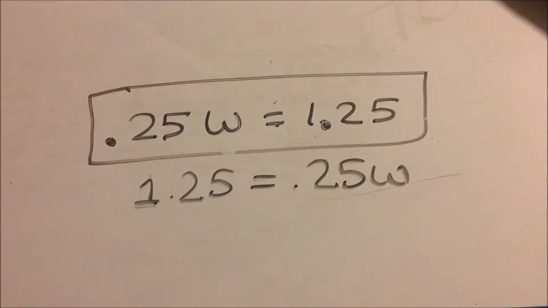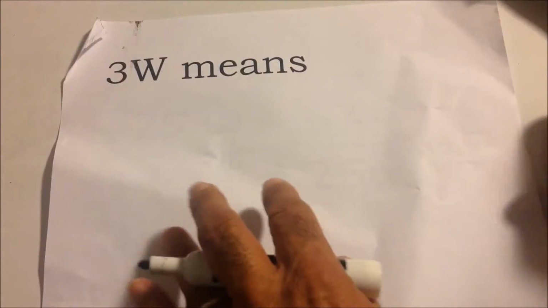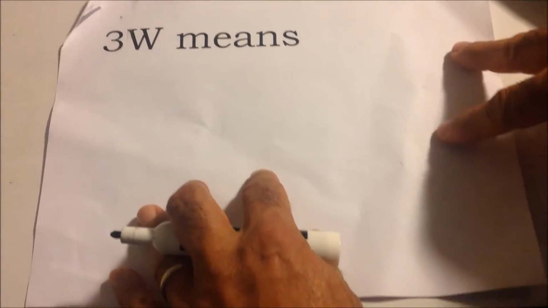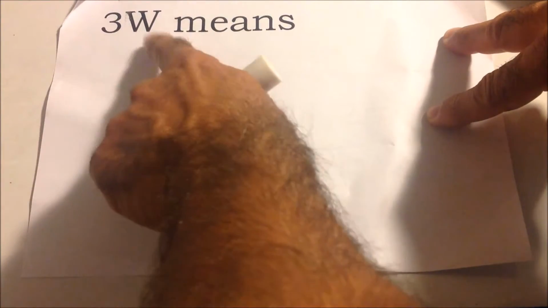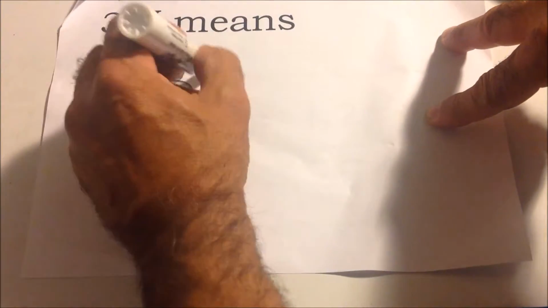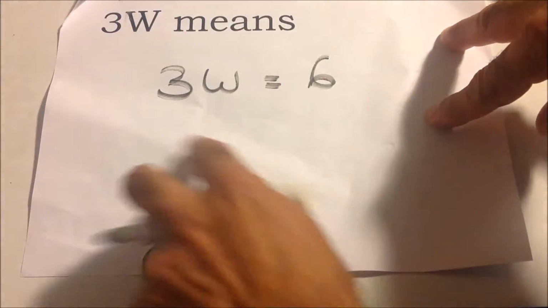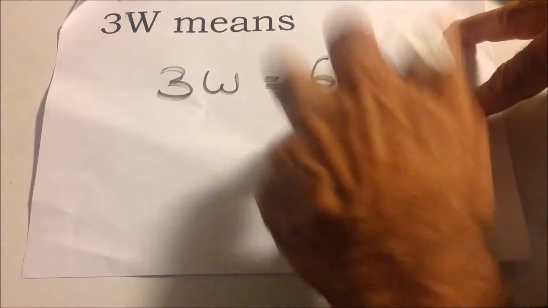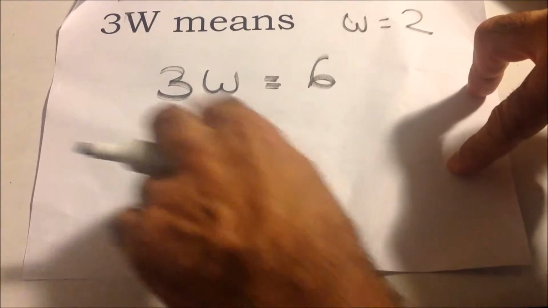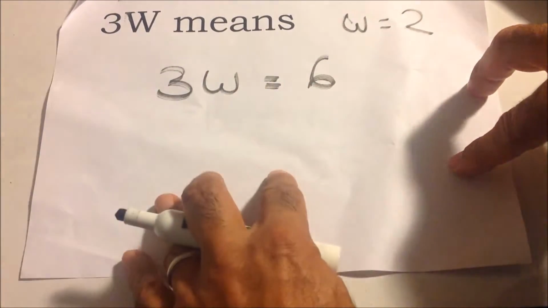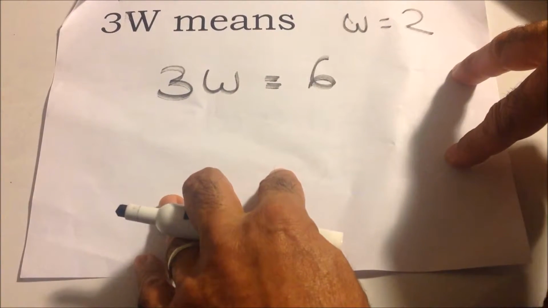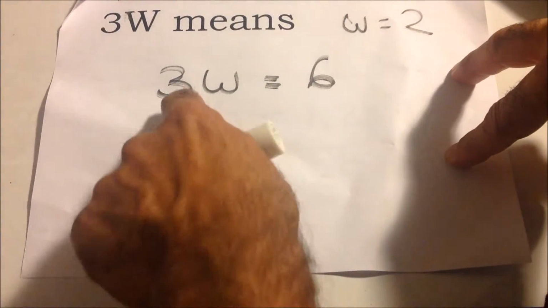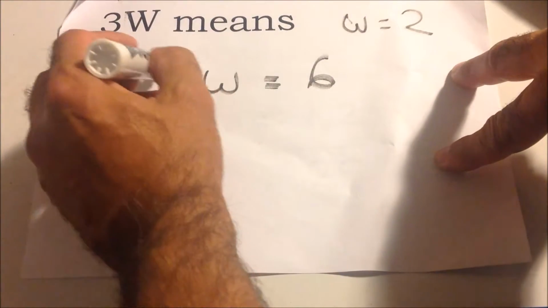Okay, so now let me give you an easy one, and we'll go back to that problem again. Let's say I had 3w, and this means 3 times w. So let's say I had 3w equals 6, and we know, just by looking at it, that w is 2. 3 times 2 is 6. Now let's say you didn't know it was 2. What you can do is the opposite operation. What's the opposite operation that you see here?